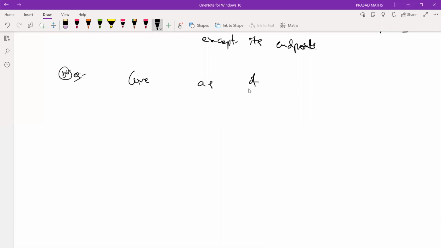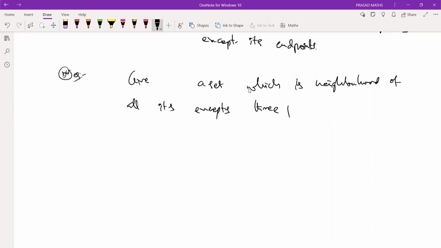Give me a set which is a neighborhood of all its points except 3 points. Use the chat box. Give me a set which is a neighborhood of all its points except 3 points. Use the chat box. Don't reveal the answer.